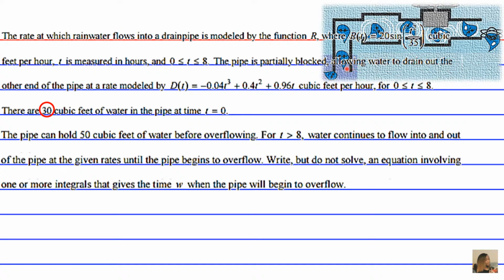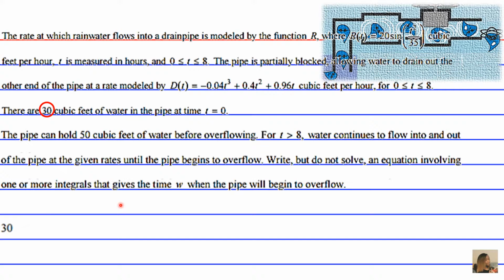So before anything starts flowing, there's already 30 cubic feet of water. That's the volume of water that the pipe holds. It might not be the maximum, but that's just the amount contained, okay? So that's what we're going to write out first in an effort to model overflow using calculus.